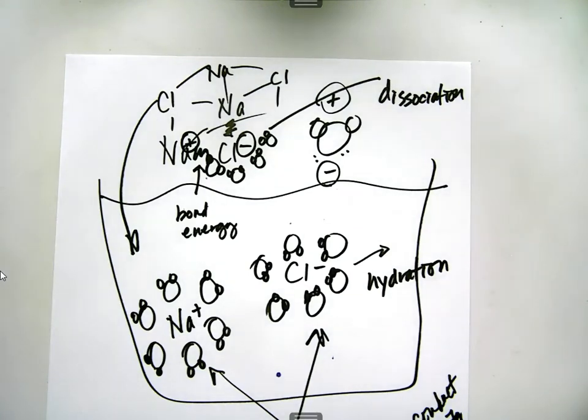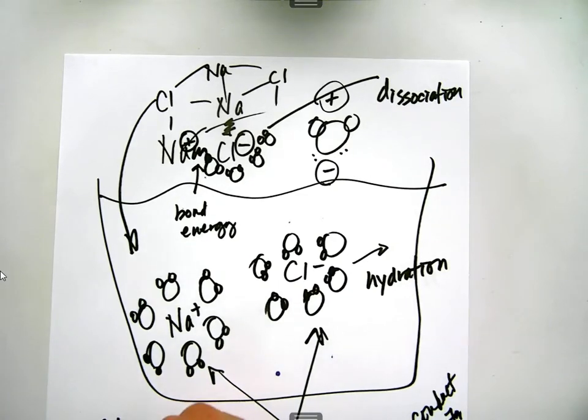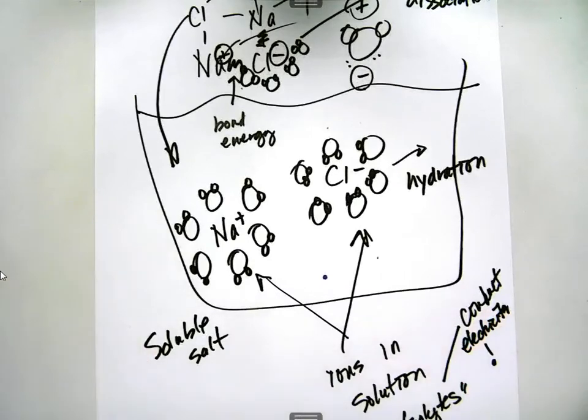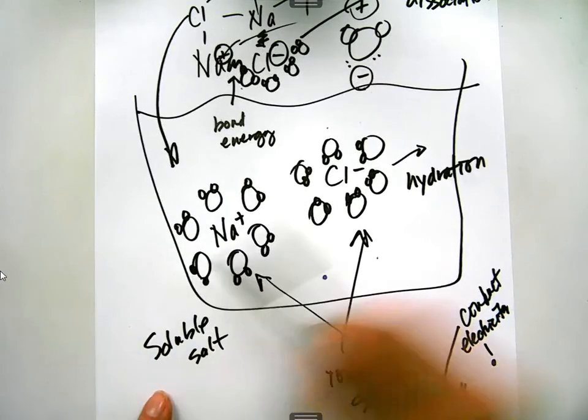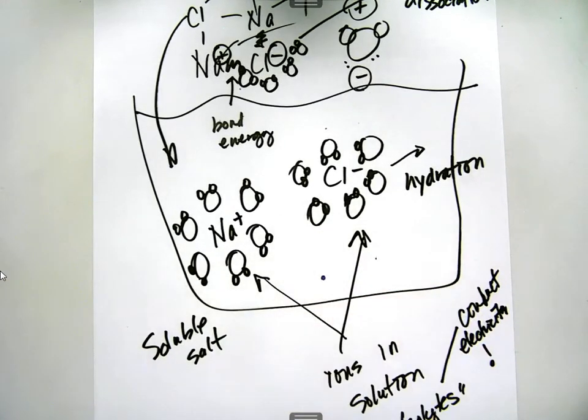Anytime you put a soluble salt, another vocabulary term, into water, that soluble salt will break up into its component ions, and now all of a sudden that solution will conduct electricity. This is a big difference. A non-electrolyte has no ions in it, it will not conduct electricity. An electrolyte has ions in it, and it will conduct electricity.